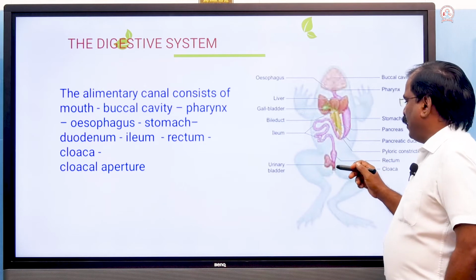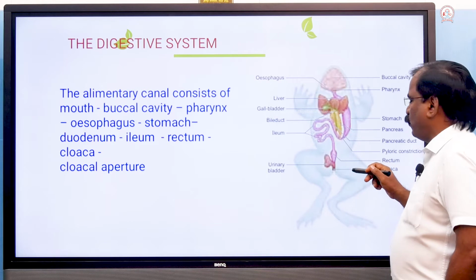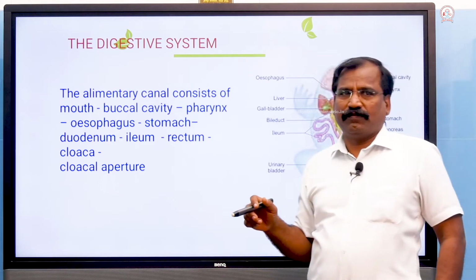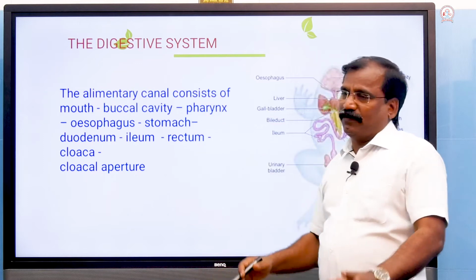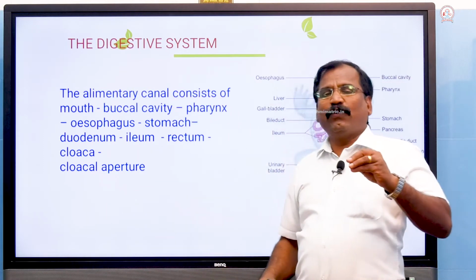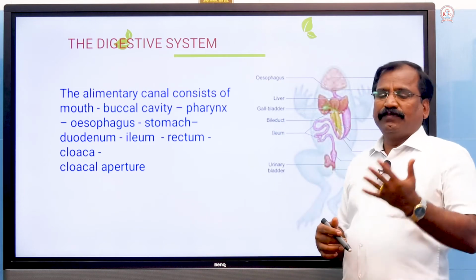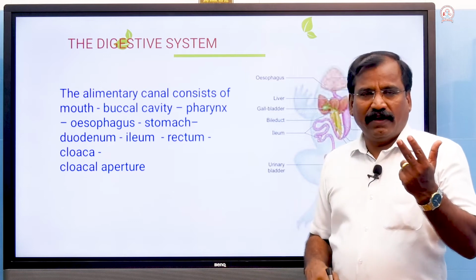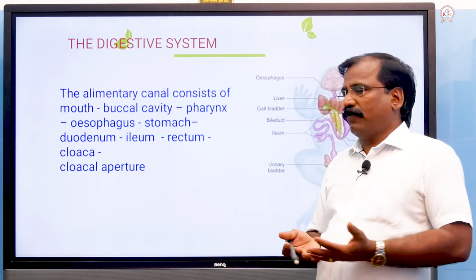Then after the rectum, the next region is the cloaca. The cloaca opens to the exterior through the cloacal aperture. So these were the components. It starts in the mouth and ends in the cloacal aperture: mouth, buccal cavity, pharynx, esophagus, then stomach.